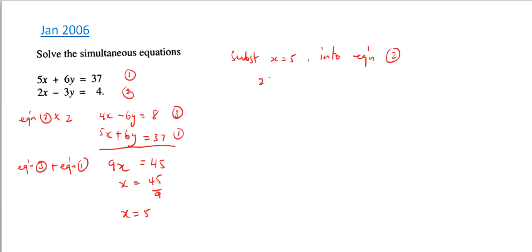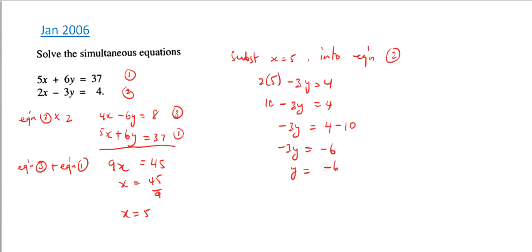So 2 multiplied by 5 minus 3y is equal to 4. So that's 10 minus 3y is equal to 4, minus 3y is equal to 4 minus 10, which is minus 6, and y is equal to minus 6 divided by minus 3, which is equal to 2.